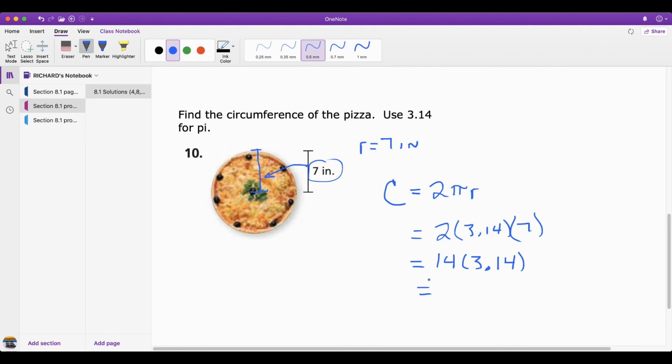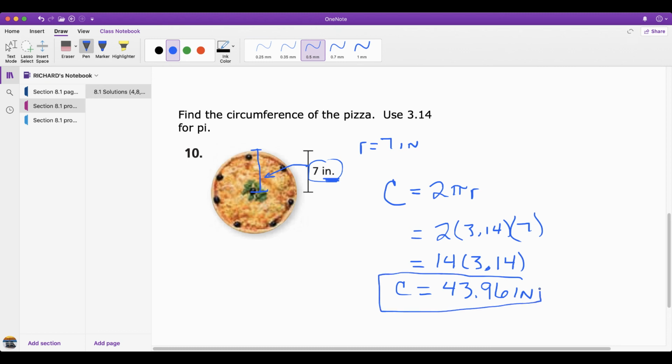And this one you can work out in your calculator. So we get 14 times 3.14 equals, and I get 43.96. And my units, again, can't forget my units, are inches.